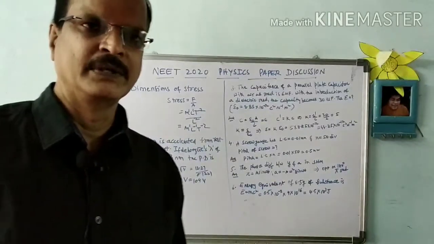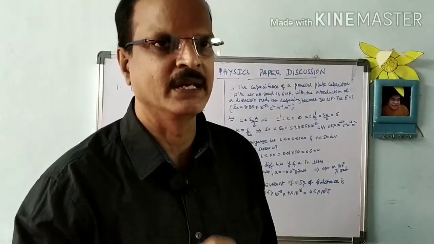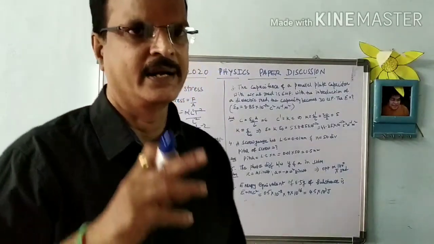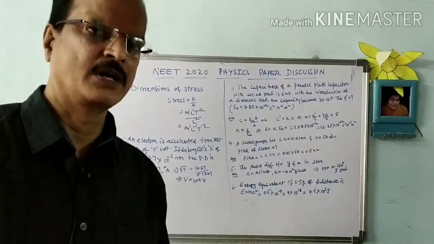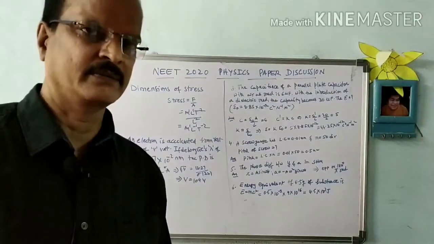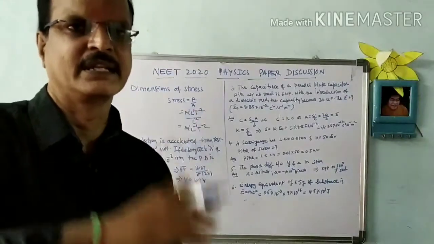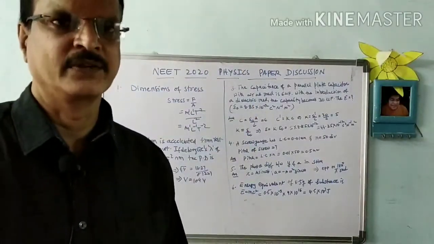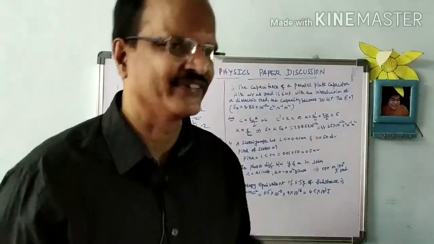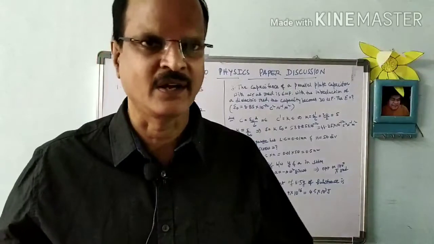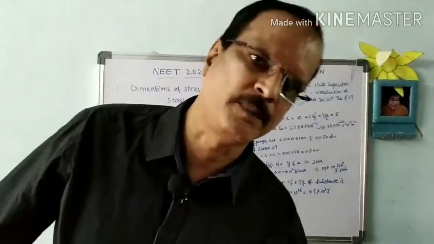The acceleration of a particle is always towards a fixed point and opposite to the displacement. Therefore, a is proportional to minus x, or a is equal to minus omega square x. If you take the graph, they will be in opposite phase. Opposite means 180 degrees, or pi radians. So the answer will be 180 degrees or pi radians.